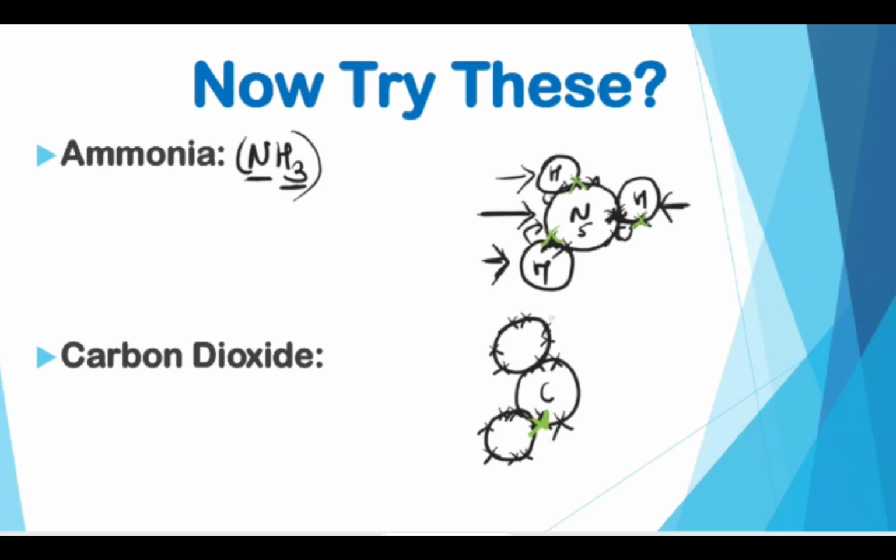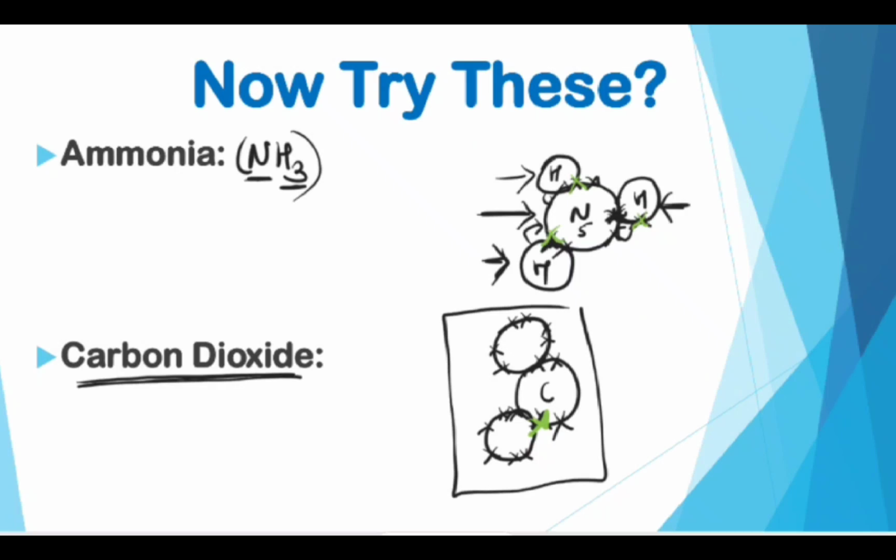So all in all, this unit, carbon dioxide, also gets completed by covalent bonding, and all in all, it is a complete, satisfied molecule. Alright children, so these were 2 examples of covalent bonding.